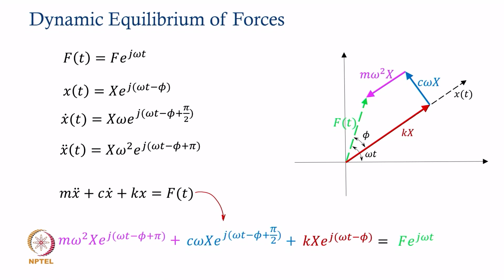Their orientation or their phases are like this: the dissipating force leads the restoring force by 90 degrees, the inertia force leads the dissipating force by another 90 degrees, and this is how they close. Okay. So, this is the representation of the same governing equation of motion in a vectorial form.